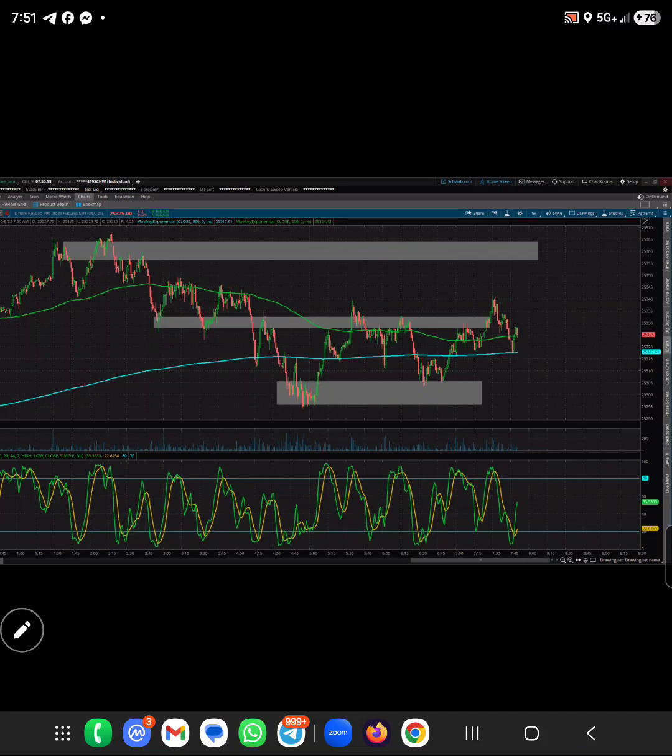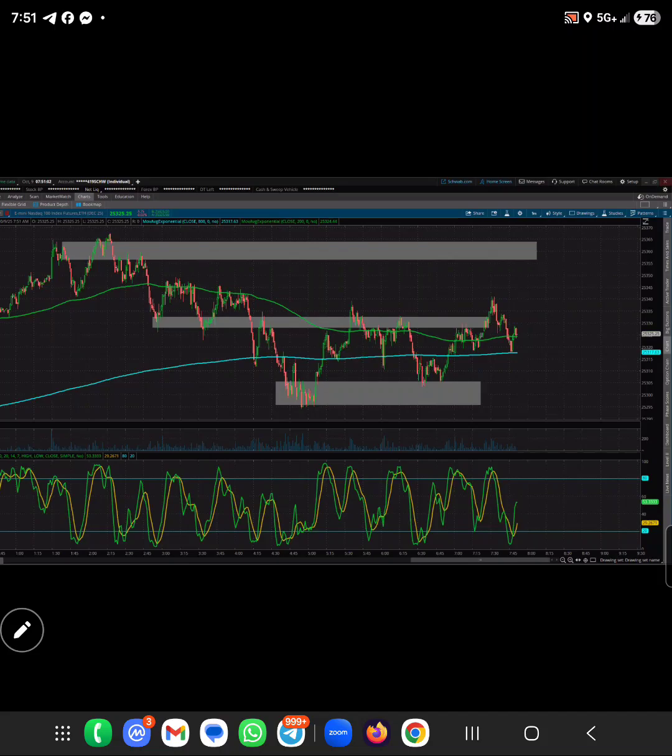So we look at the hour to see what direction it's going. So we're looking at the hour. Then the next one is to get to the 5 minute to basically draw out our levels. So the bottom, the ceiling, and the price action.